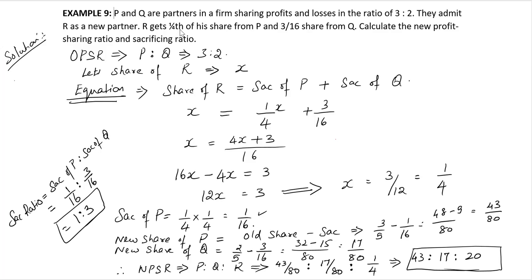Let's summarize this. New profit sharing ratio between P, Q and R is equal to 43 is to 17 is to 20, and the sacrifice ratio between P and Q is equal to 1 is to 3.